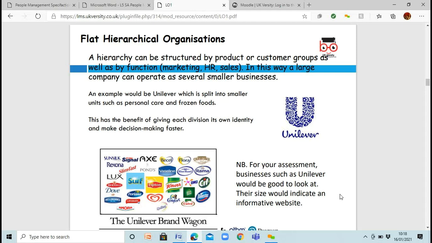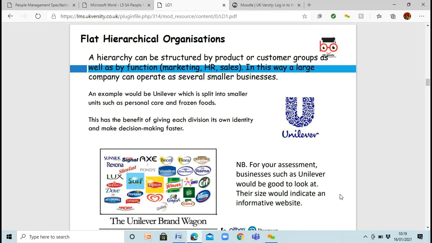Now we've got flat hierarchical organizations. A hierarchy can be structured by product or customer groups as well as by its function. In this way, a large company can operate as a lot of smaller businesses. So if we use Unilever as an example, Unilever is quite a big company, which is underestimating that.